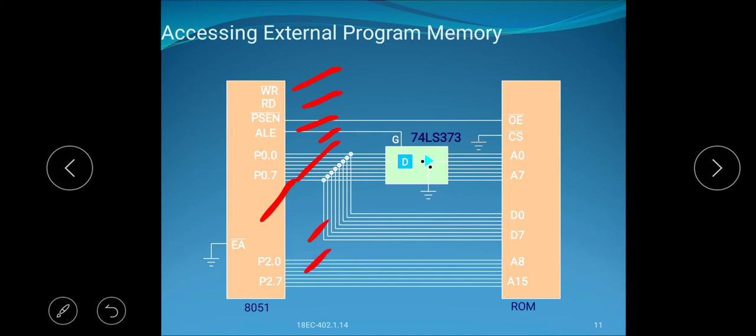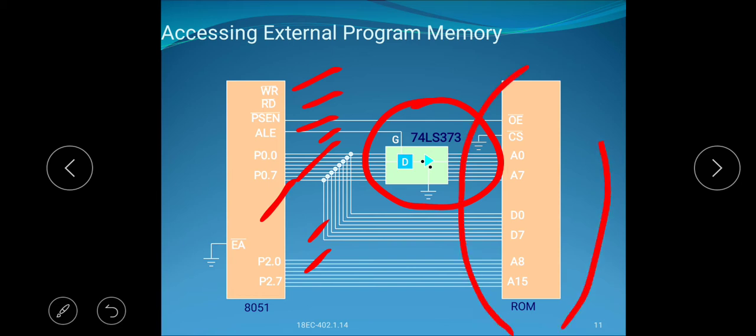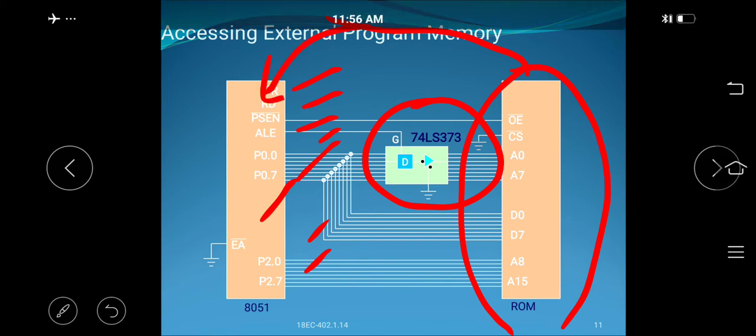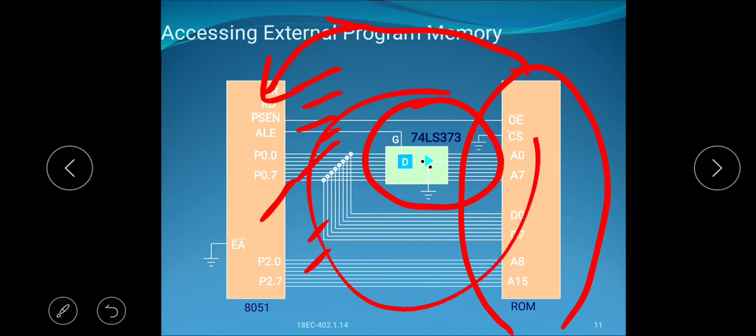For multiplexing the signals, we are using one latch, the 74LS373. Based on these connections, we are accessing the external memory from the 8051 microcontroller, with the signals multiplexed with the help of the latch.